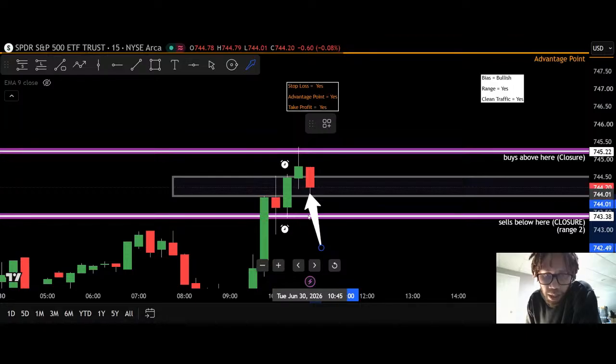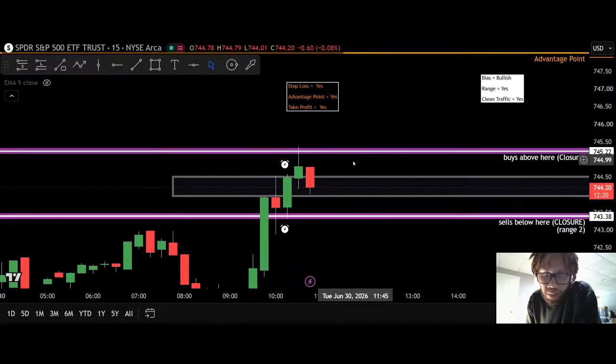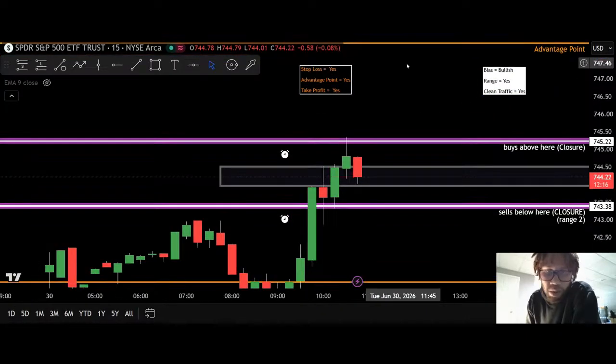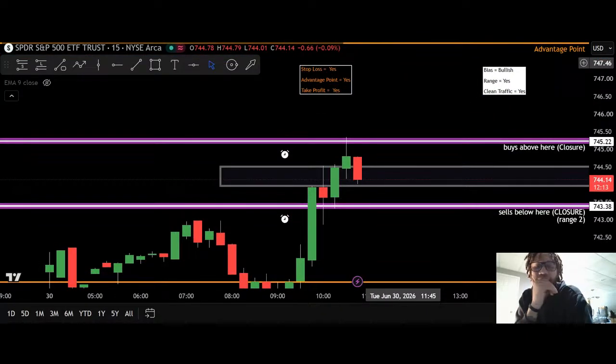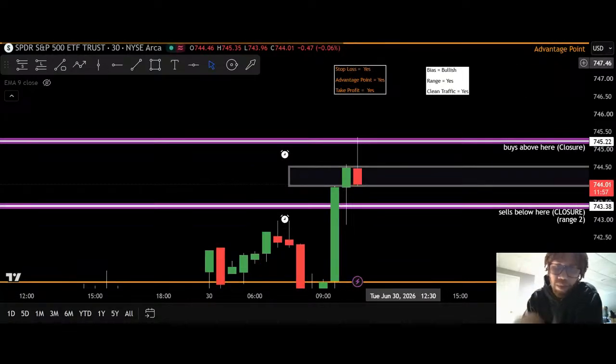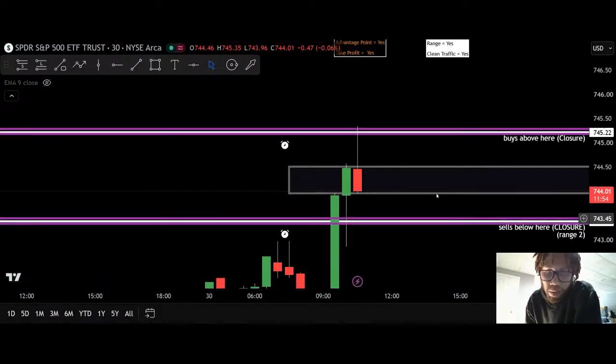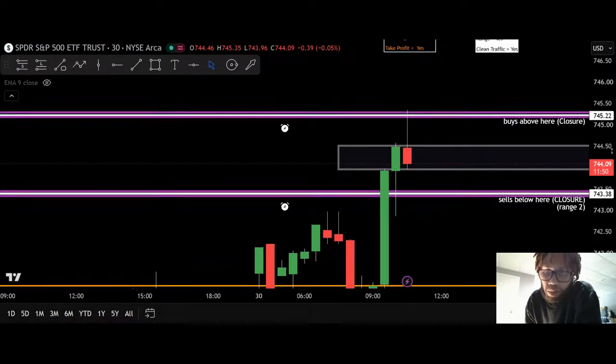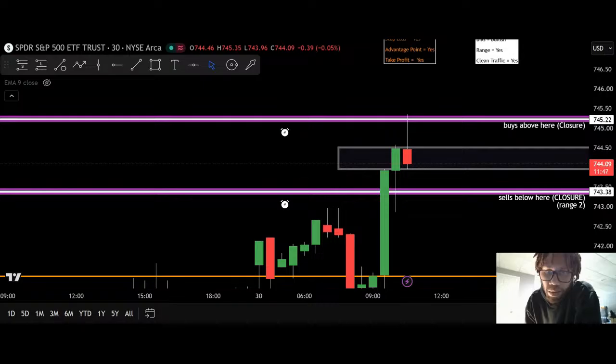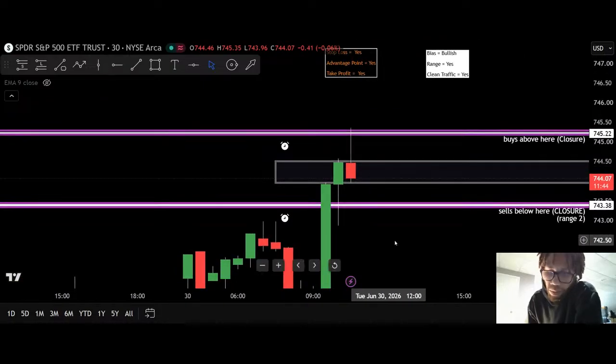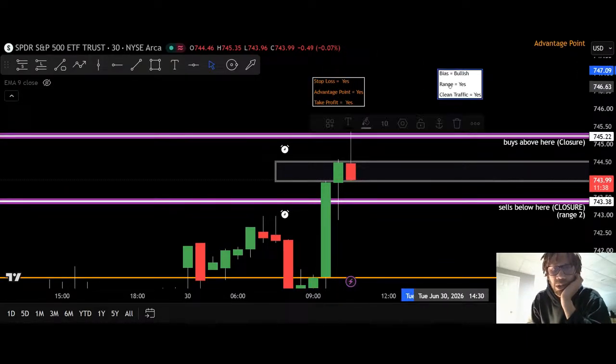Once they come back down in here where these sellers are, see what they want to do. You got a little over 11 minutes for this 30-minute candle to close.